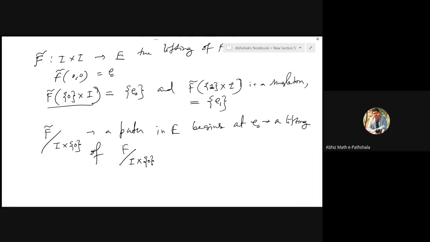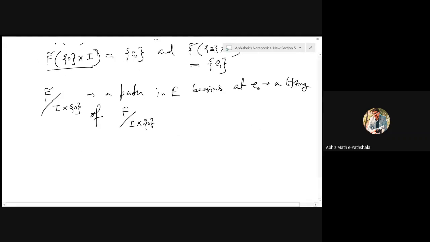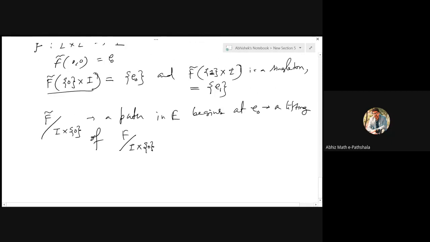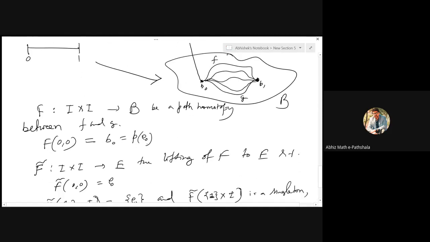But by the uniqueness of path lifting, what is F restricted to I cross singleton 0? It is the path f, because F is a path homotopy between f and g. So for the bottom edge it will give you the map f, and for the top edge it will give you the map g.